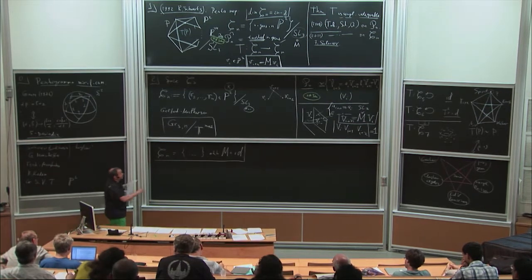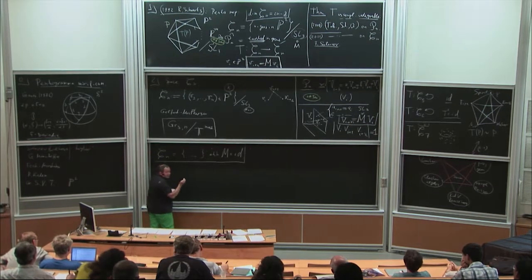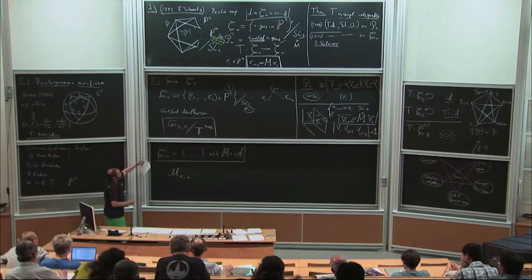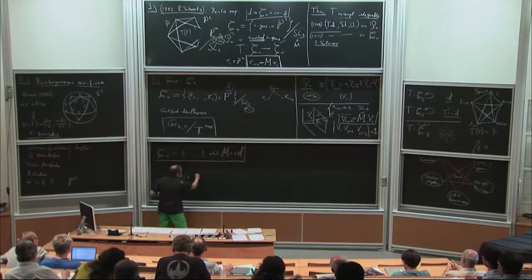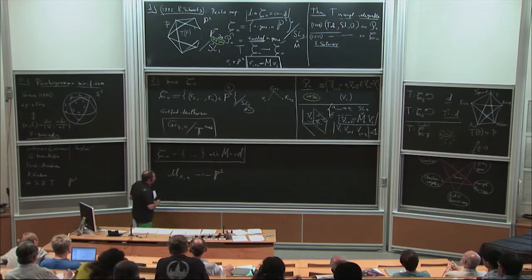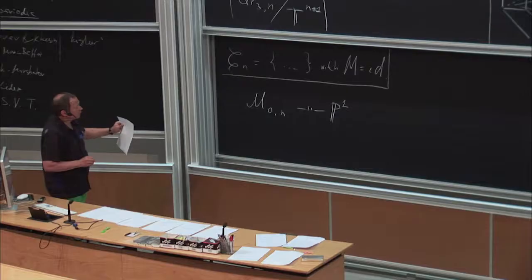So if we replace P2 by P1, then the space is a very famous space, sometimes called M_0,n. So the same definition, but with the projective line instead of the projective plane. So n-gons in the projective line.